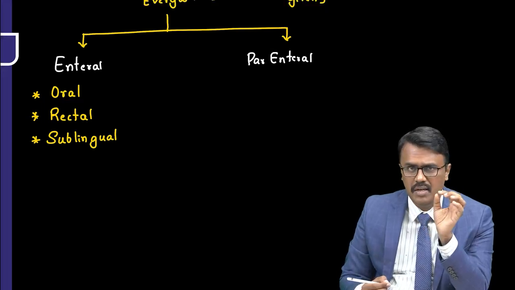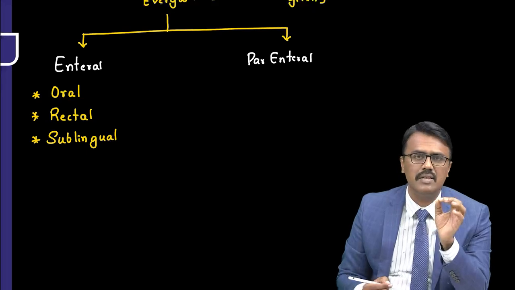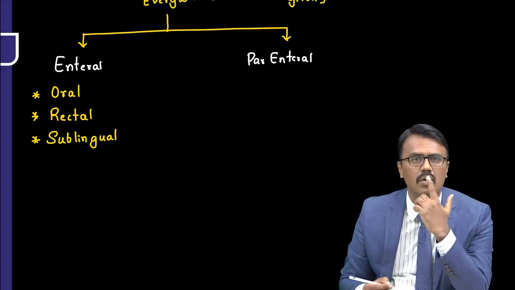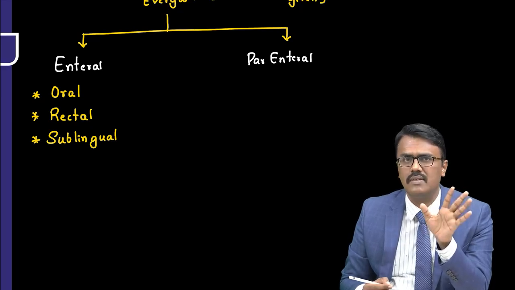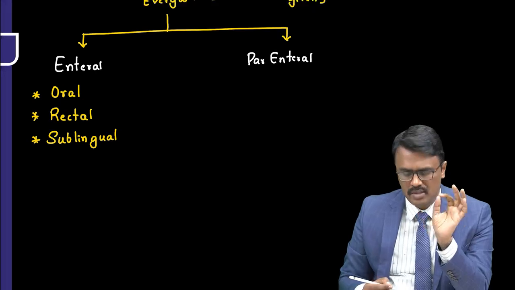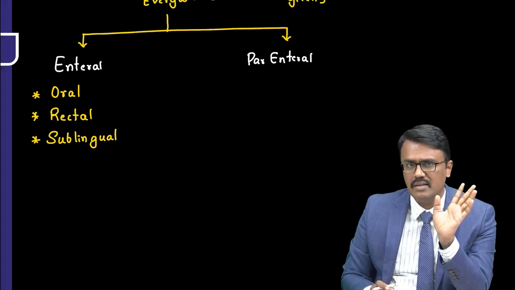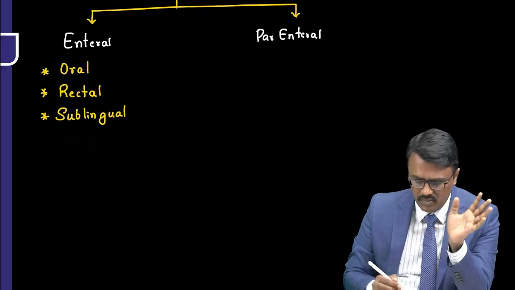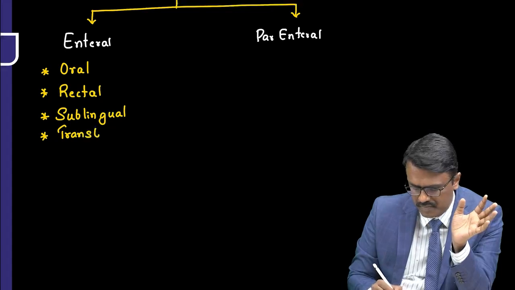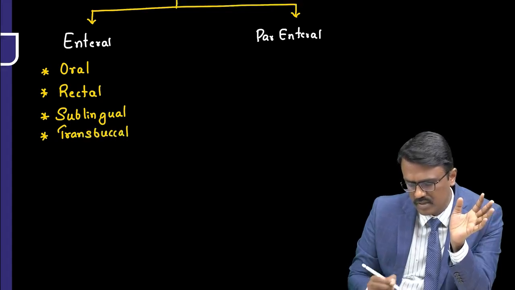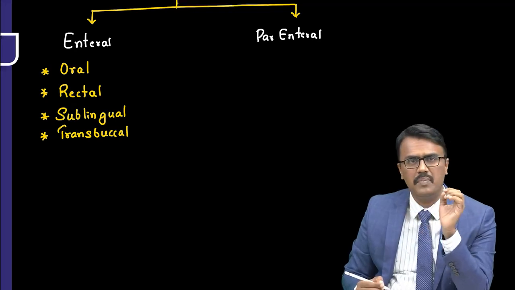Remember, enteral means anything given from the oral, that is mouth to anus. Anywhere if you give in the GIT, it is the enteral route. So that's why sublingual is coming under enteral route. And one more is a route called transbuccal route. Same thing, we keep it in the buccal cavity.